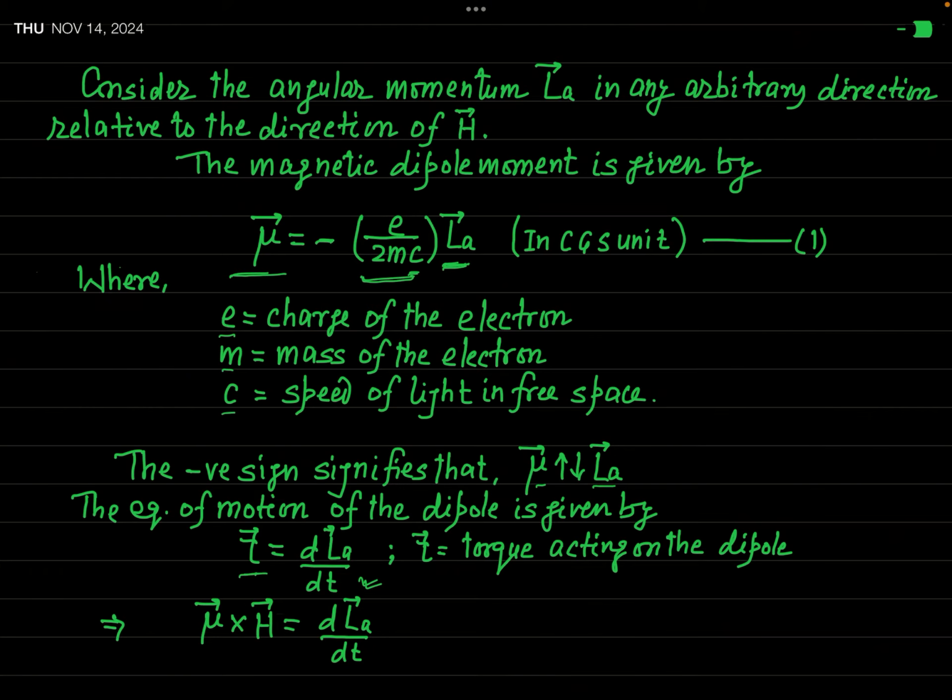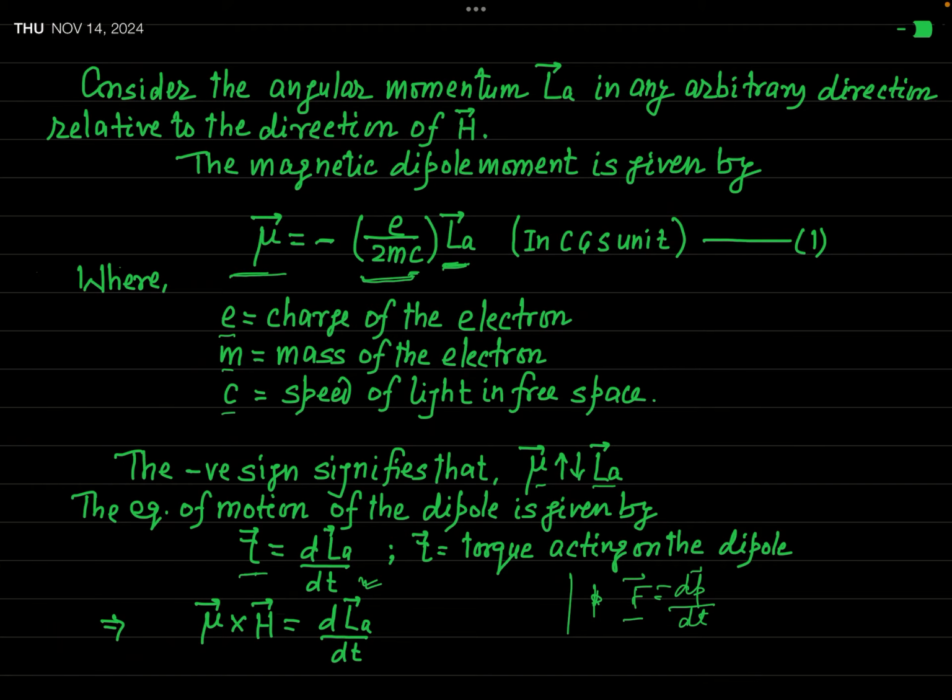This is just Newton's second law of motion in the case of rotational motion. According to Newton's second law, force is equal to dp by dt, where p is the linear momentum vector, so force is equal to the rate of change of linear momentum.